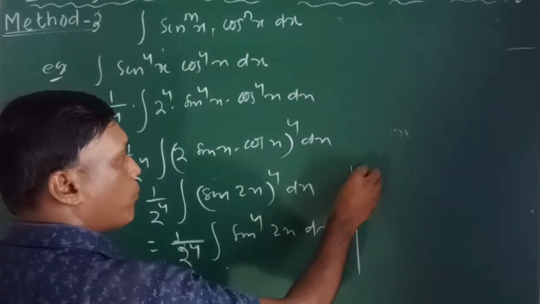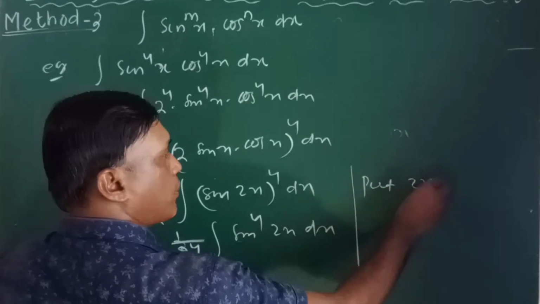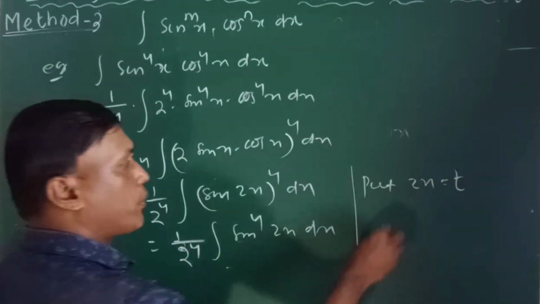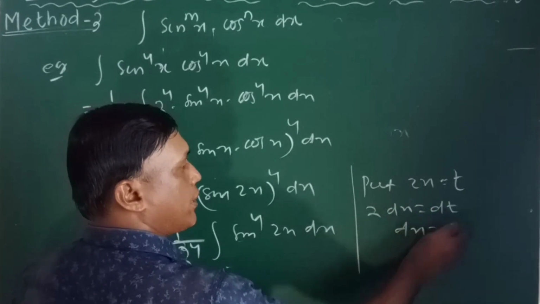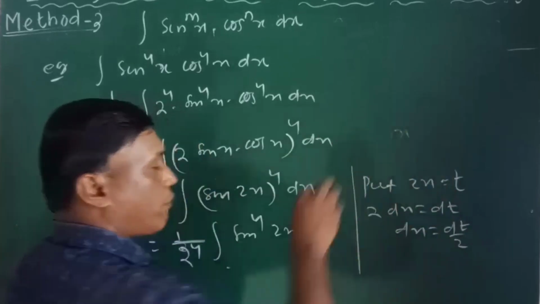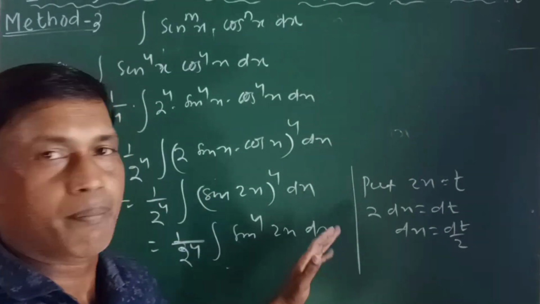Now here put 2x is equal to t. If 2x is equal to t, then 2 into dx is equal to dt, and dx is equal to dt by 2. After substitution, you have to differentiate and find the value of dx.